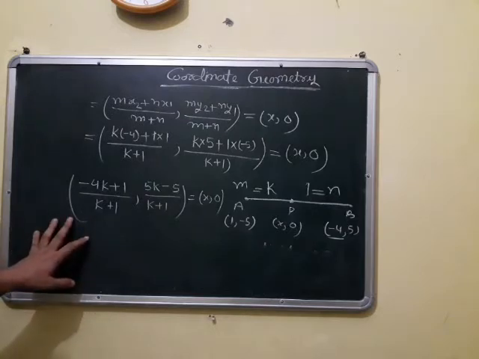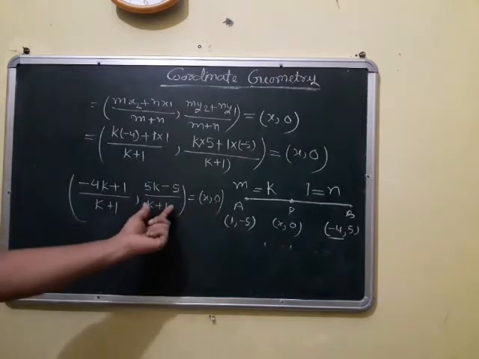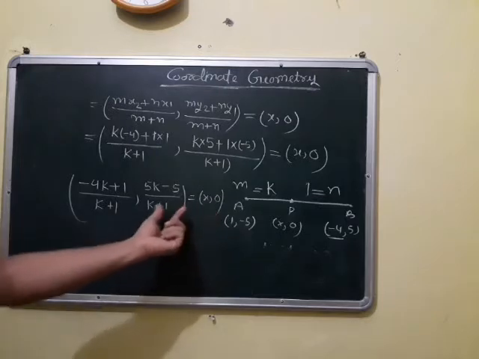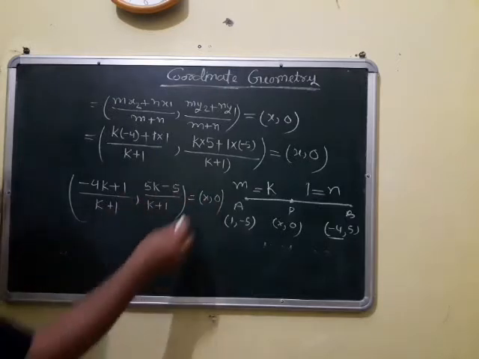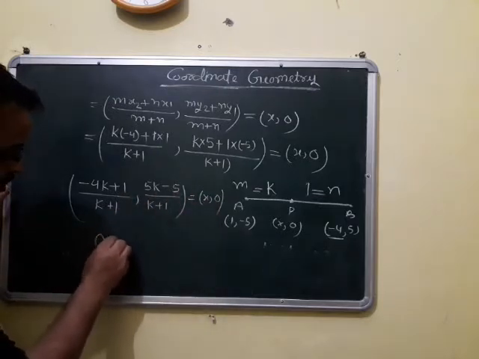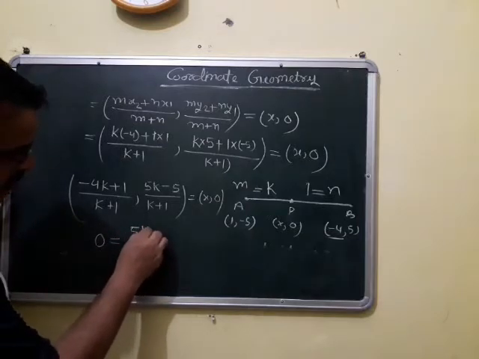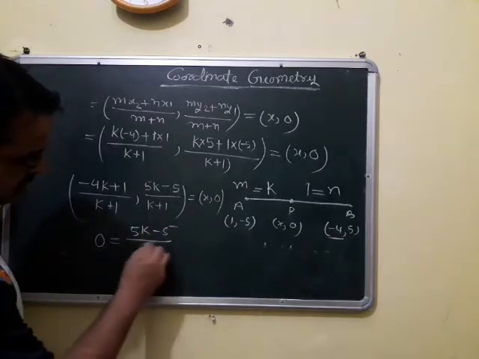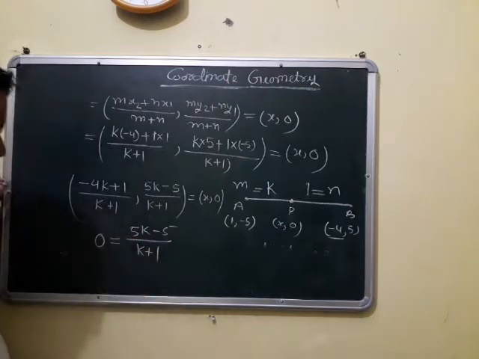Now look at the y portion: y is 0, and 5k minus 5 upon k plus 1.